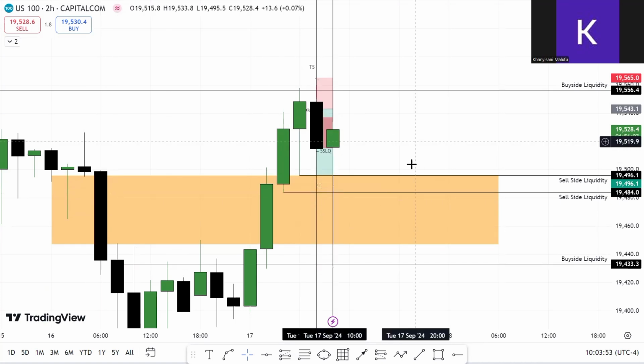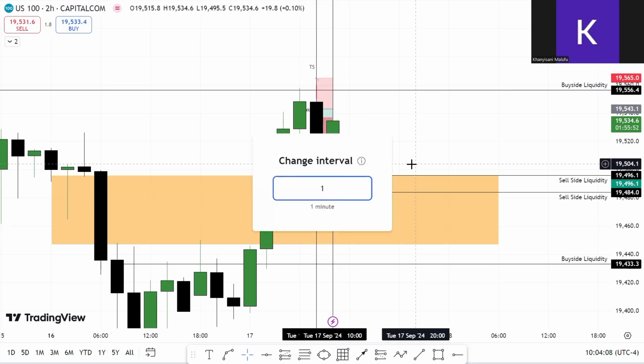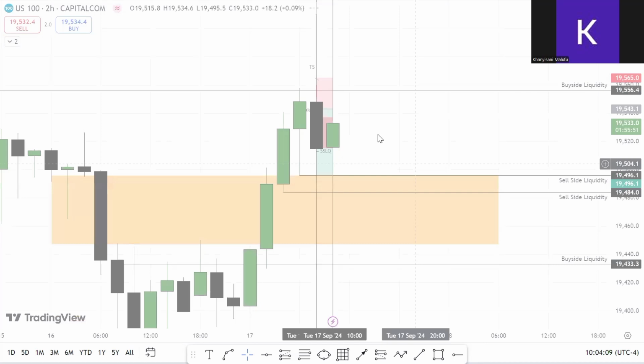Is it still breaking? Yes. We can trust that it's going higher.